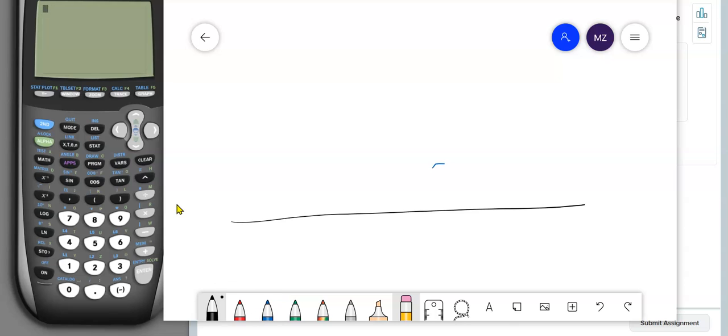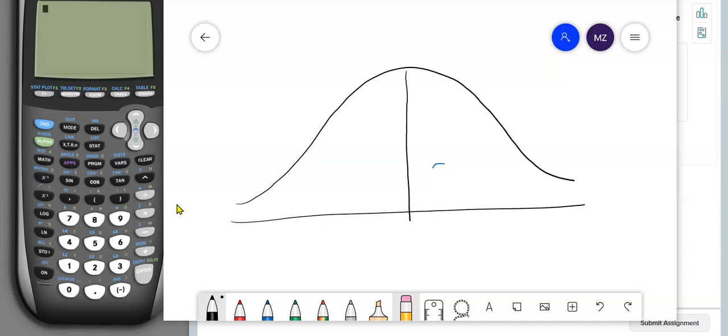So this is my normal distribution, and this is the mean. The environment is again very important, the mean and the sigma. This is by default. If I'm using the t values, it's going to be 0 and 1, very similar to the normal distribution. Now, if I have a right tail, it's going to be from this side.